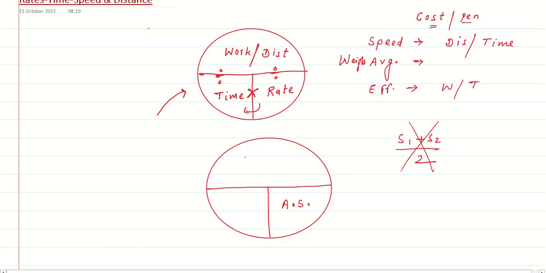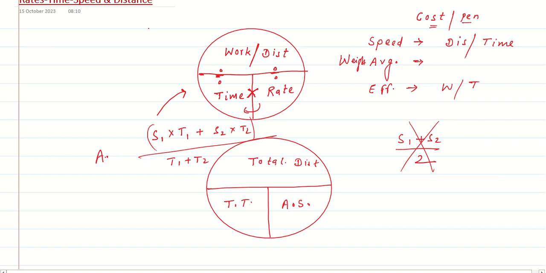It is the sum of the distance covered, so total distance divided by total time. Remember that? We discussed that. How to find total distance? Speed 1 into time 1 plus speed 2 into time 2 and so on, divided by total time, t1 plus t2. That is called average speed. Also, average speed means what? Weighted average basically.